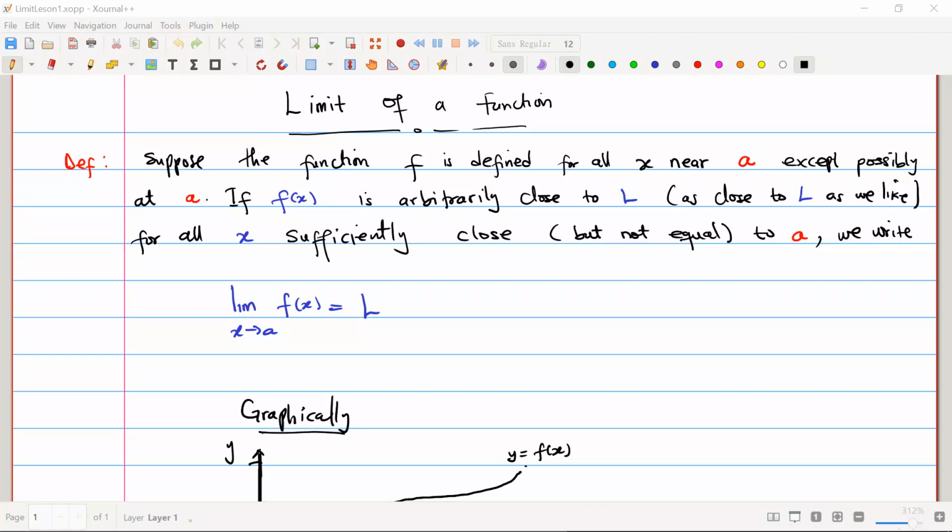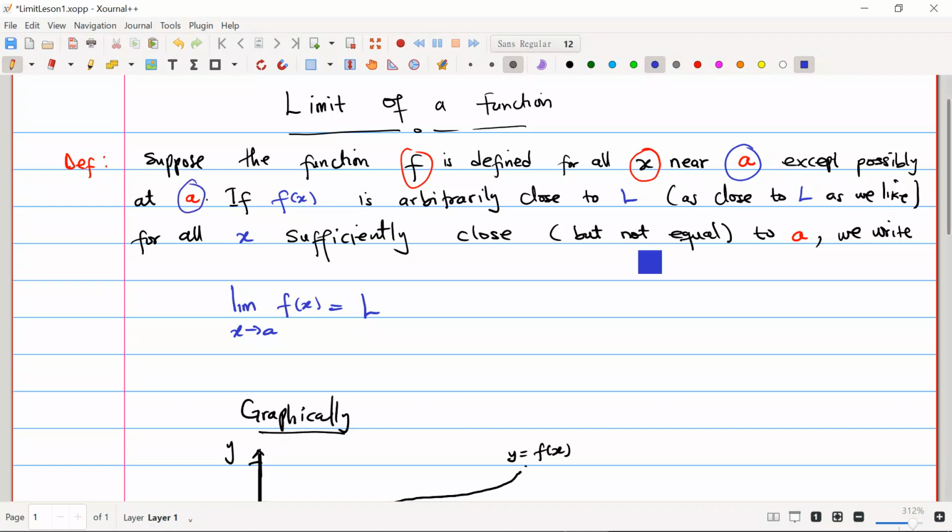Suppose the function f is defined for all x near a. What it means is that x is the input you put in the function. So the function is defined for all the inputs near a particular point a, except possibly at a.